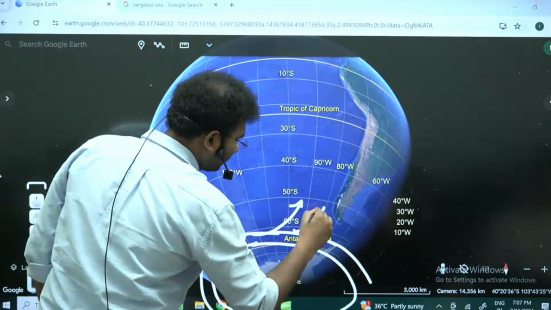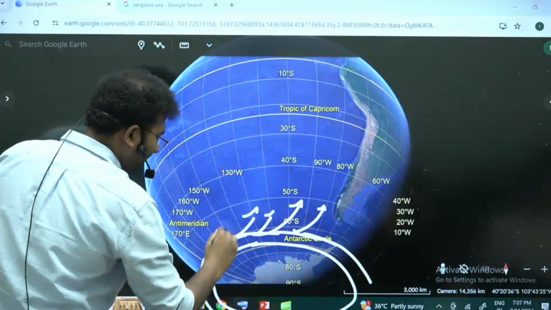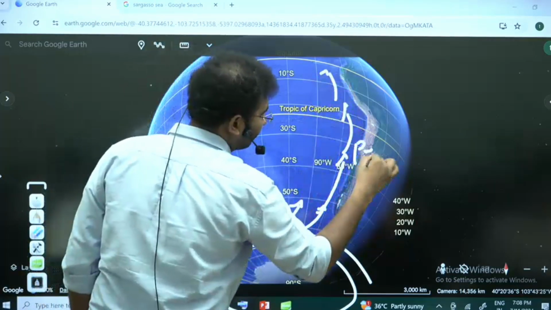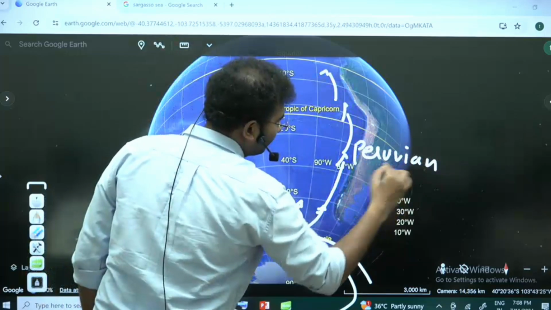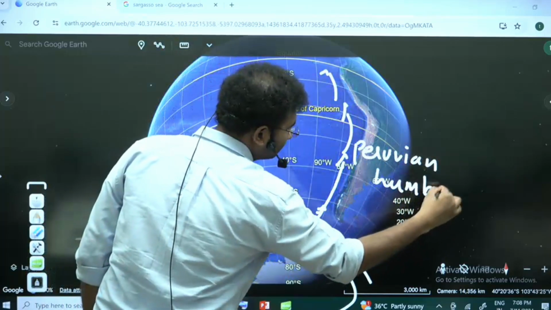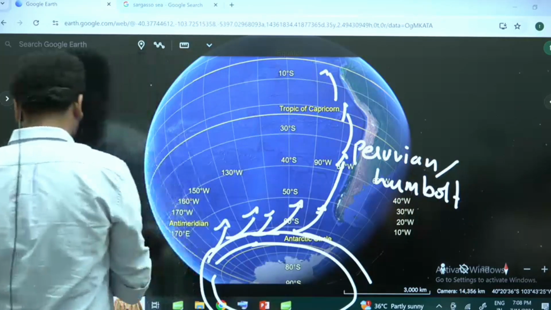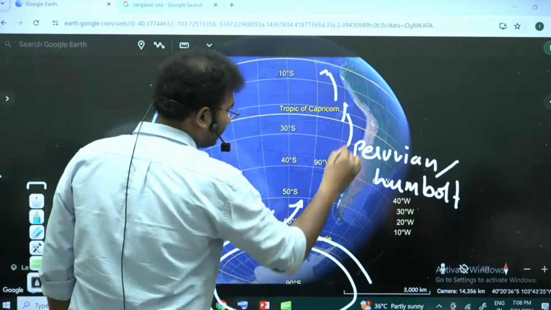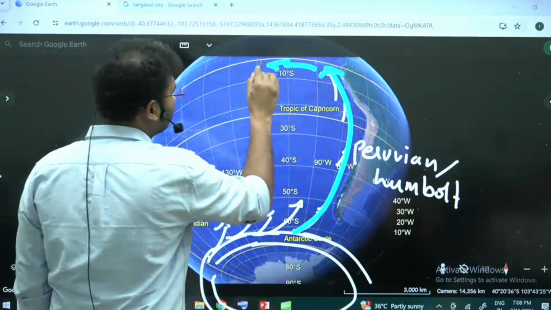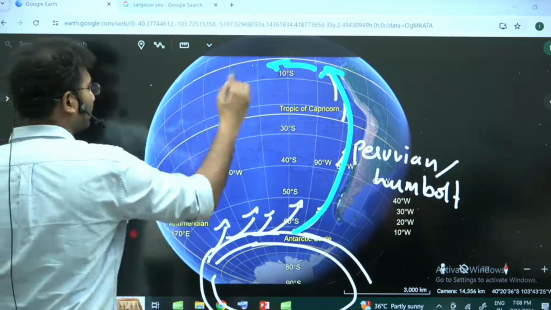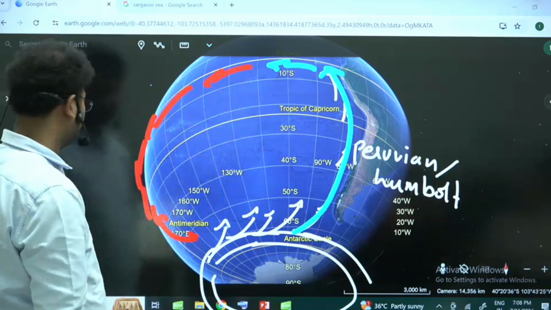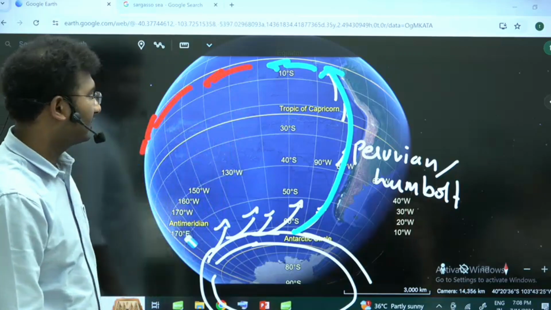So Coriolis force is in this direction, and look here, the extension of this is nothing but Peruvian or Humboldt. And during the times of El Nino or La Nina, this is the current which is going to get influenced. Okay? Got it?